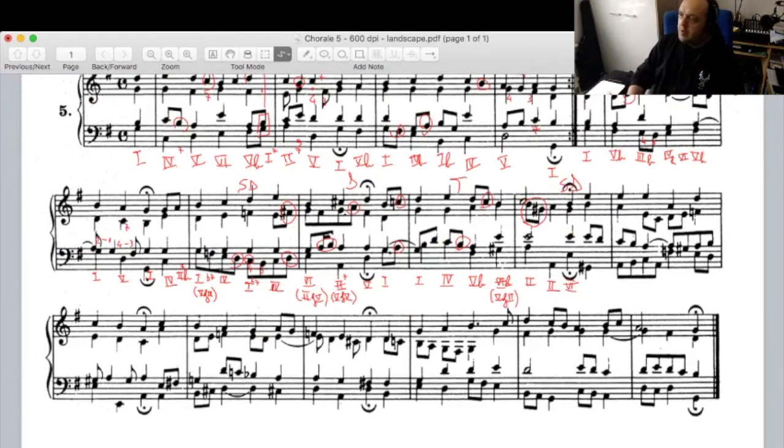Tune. Blatantly A minor. Blatantly going to A minor, even in the tune itself. Harmonization.